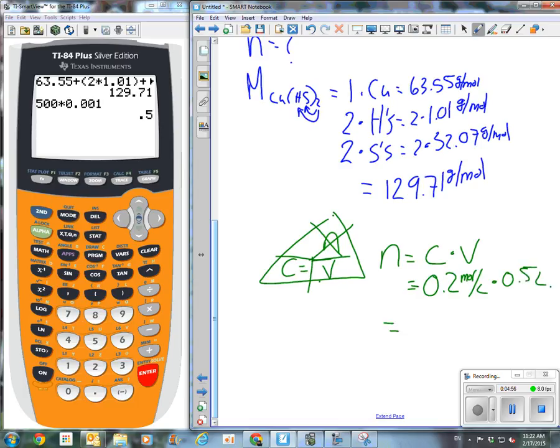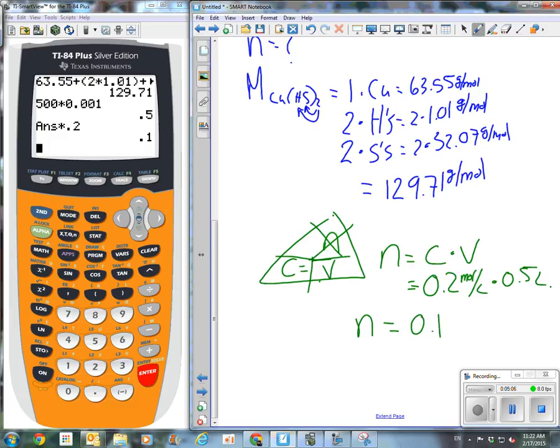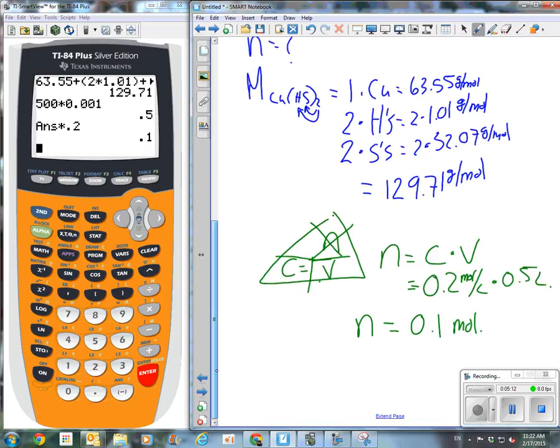Let's see how many moles we get. 0.5 times 0.2 is 0.1 moles. Let's just double check that. 0.2, 0.5, perfect.